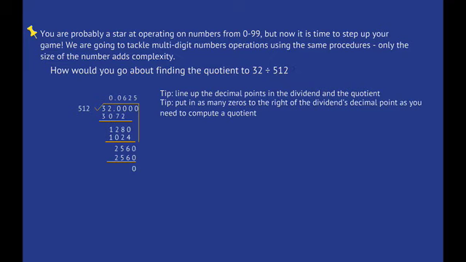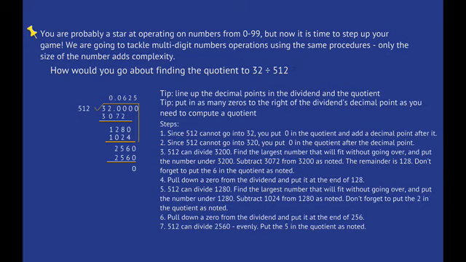The tips are: line up the decimal points in the dividend and the quotient. Put in as many zeros to the right of the dividend's decimal point as you need to compute a quotient. Here we've added 4 zeros to the right of the decimal point for 32, and we've lined up the decimal point for 32 with the decimal point above it for the quotient.